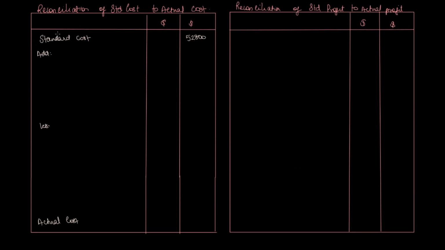If I'm starting with the standard cost and I have to calculate my actual cost, I will have to subtract the material usage variance. Why? Because when material usage is favorable, it means the actual cost is less than the standard cost. So starting from standard cost, if you have to arrive at the actual cost, you will have to reduce the material usage variance. So let me say material usage 1200 favorable.